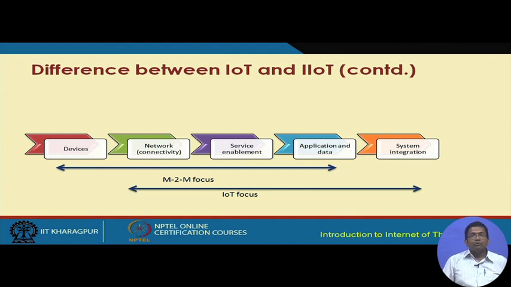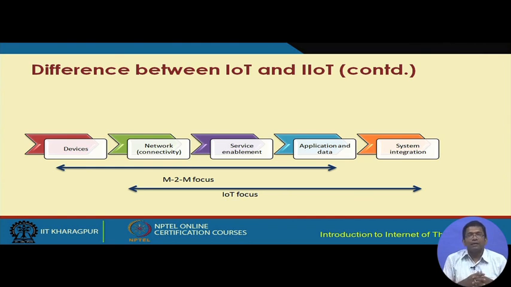Let us look at one more aspect. When we talk about M2M and IoT, M2M focuses on device to device communication. There is an emphasis on communication between devices, between machines, and IoT on the other hand focuses on the overall system integration of the system, components, subcomponents, subsystems.